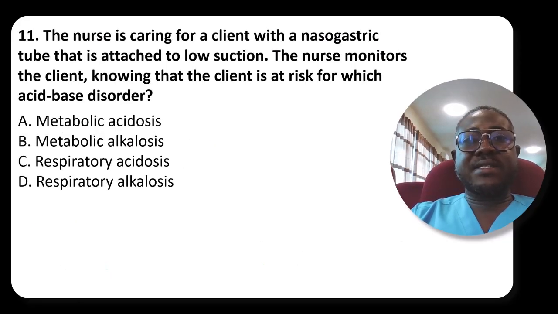Question 11. The nurse is caring for a client with a nasogastric tube that is attached to low suction. The nurse monitors the client, knowing that the client is at risk for which acid-base disorder? A. Metabolic acidosis. B. Metabolic alkalosis. C. Respiratory acidosis.